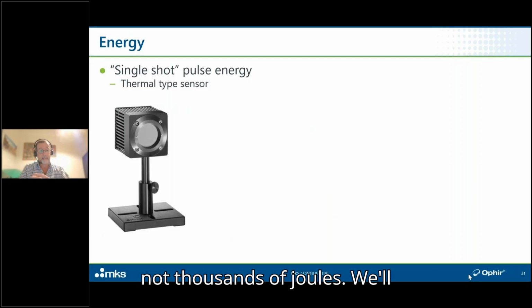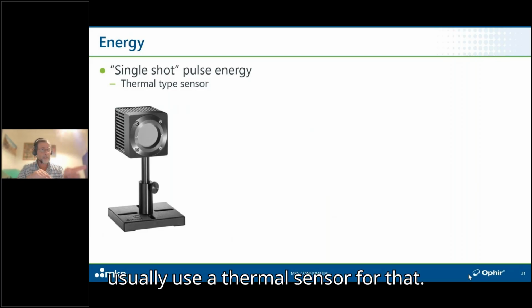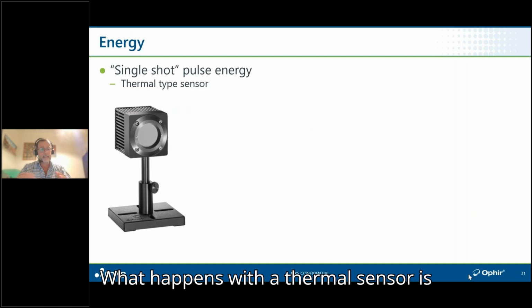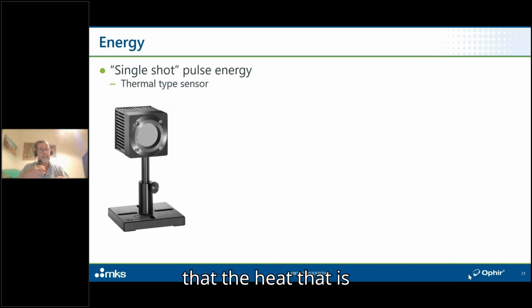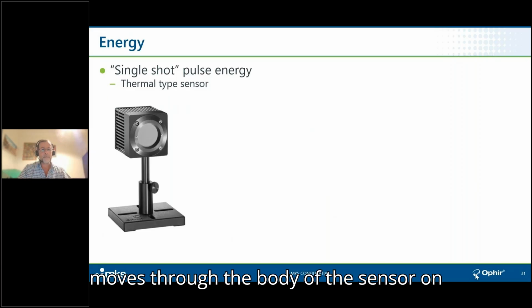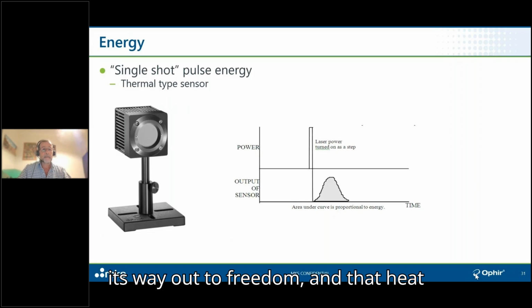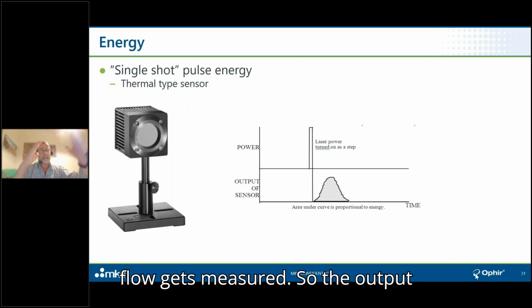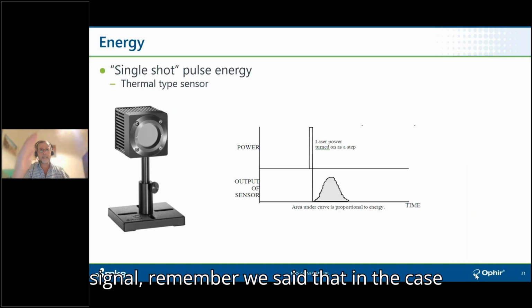So the output signal, remember we said that in the case of Ophir sensors, at least, it's an analog current. As the beam starts to come in, the heat starts to move, the output signal will begin to rise. And if it's a pulse, it'll maximize, and then after the end of the pulse, the last bits of heat make their way out, the signal comes back down again.